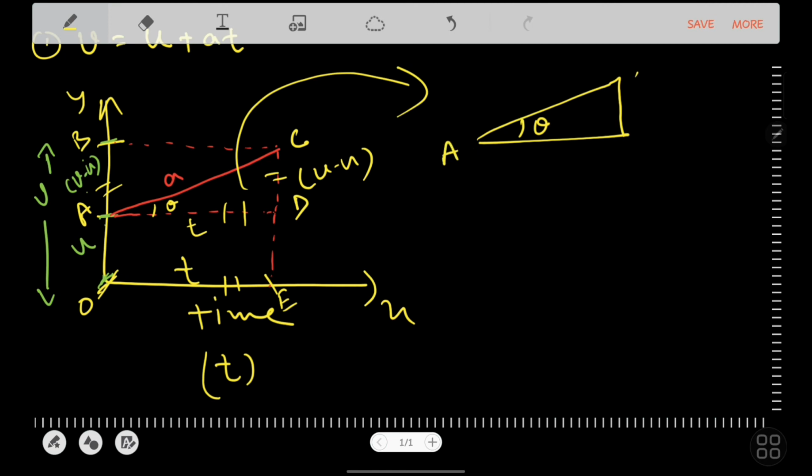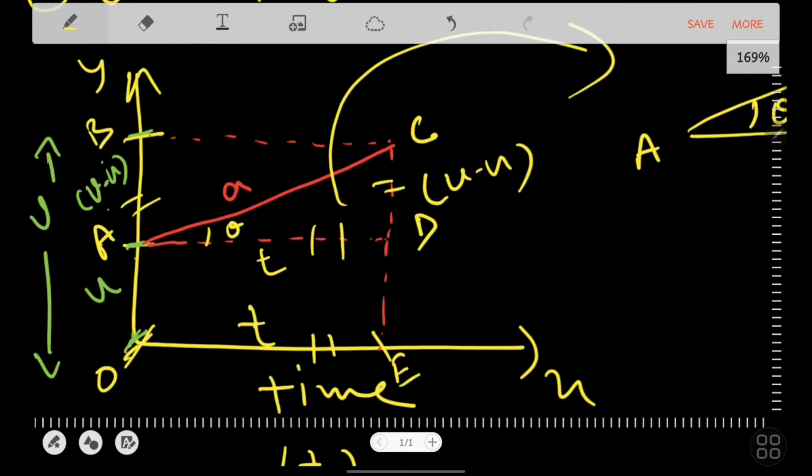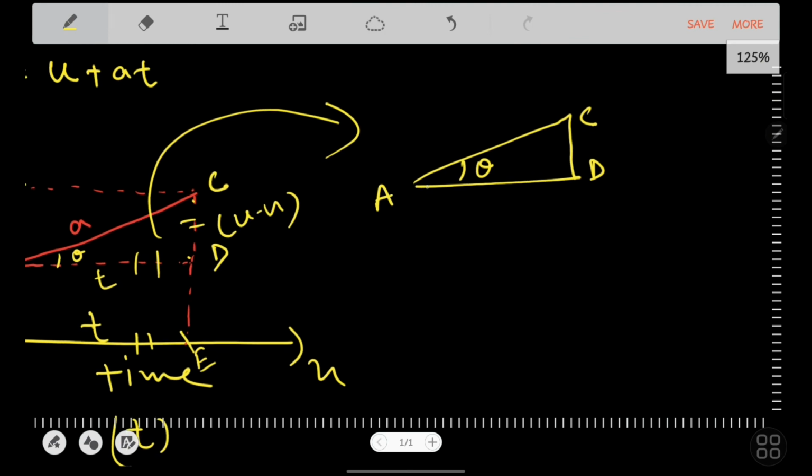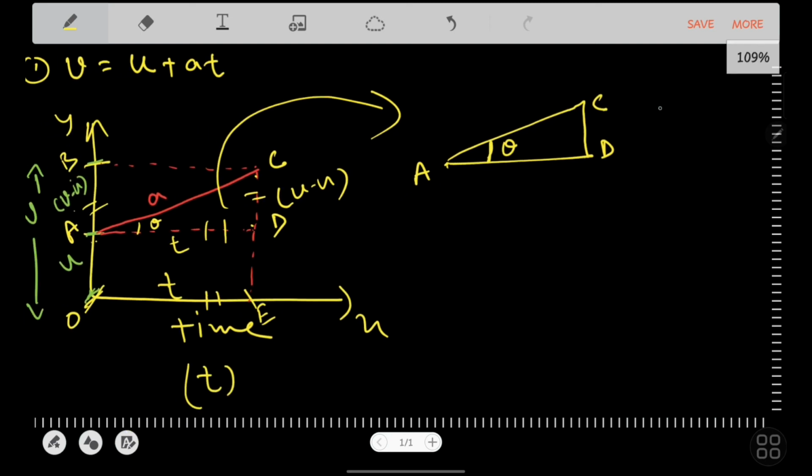This is A, this is C, and this is D. I hope it is very clear to all of you which triangle I'm talking about: A, C, D. The angle theta is formed at A, between C and D. So we can write the triangle name as CAD, because A has the angle between them.